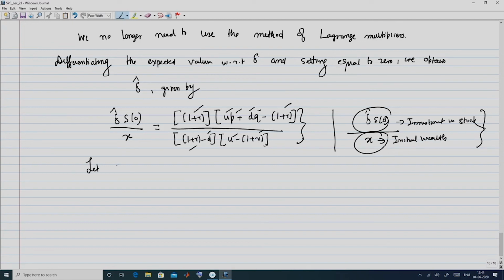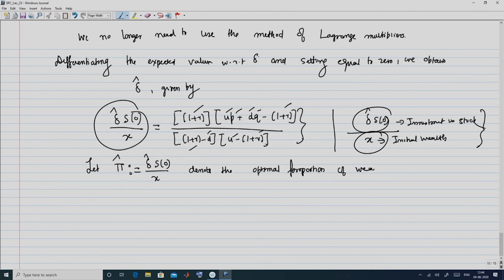Accordingly, I will define delta hat S naught over x as a new variable which I will call pi hat, and this will denote the optimal proportion of wealth invested in the stock, or what is known as the portfolio weight. And you see that this is independent of the initial wealth level.